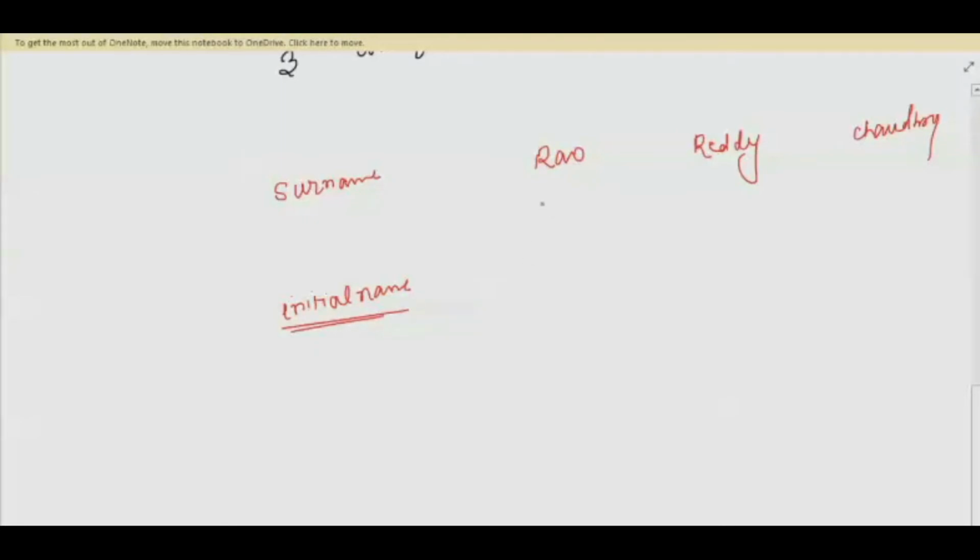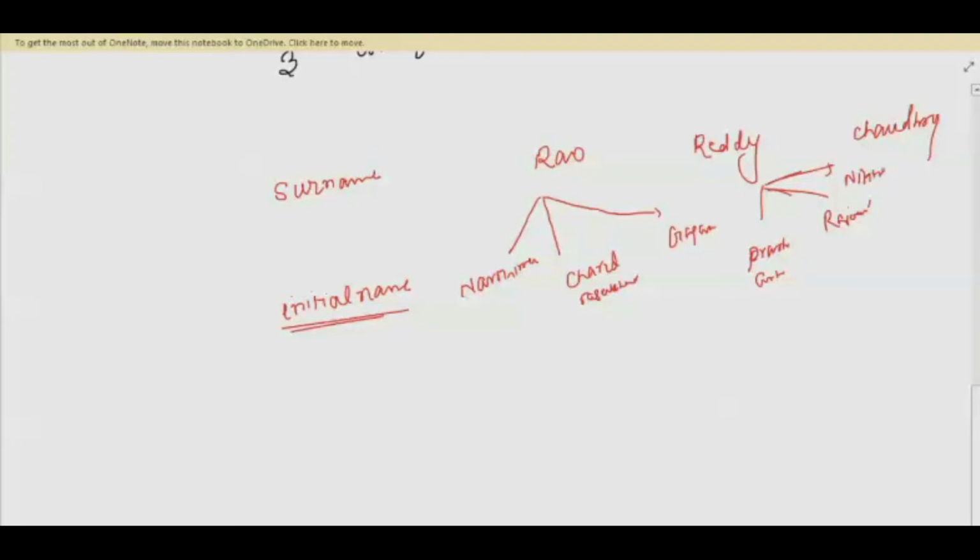Now suppose the initial name is, say, Narsimha, the second is Chandra Sekhar, and the third person's initial name is, say, Gagan. In the same way, suppose in Reddy you have Prashant Reddy, Rajiv Reddy, suppose Nitin, for example.